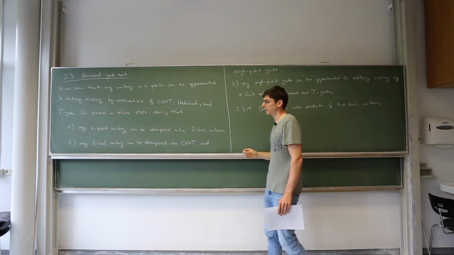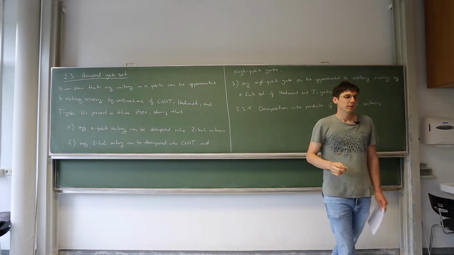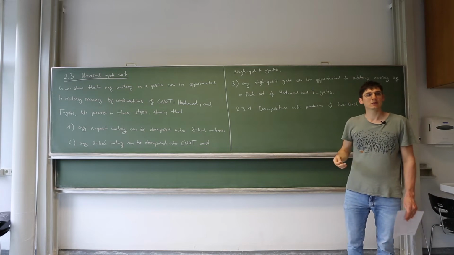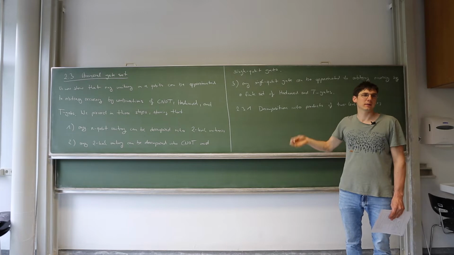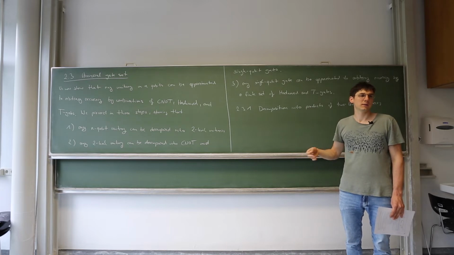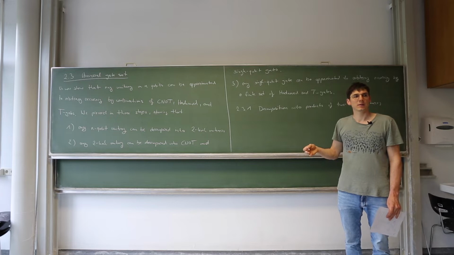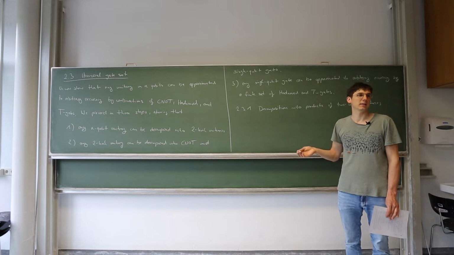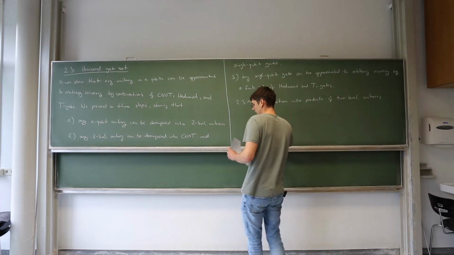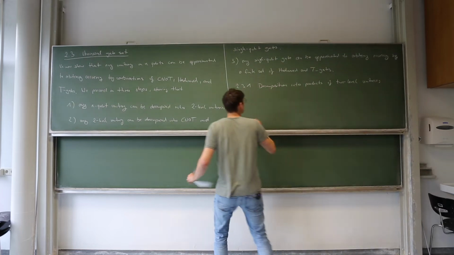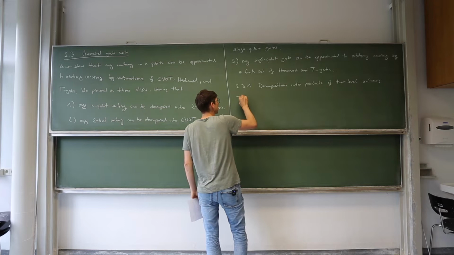Okay, and in order to see how this works, this decomposition, I'd like to go through a basic example. And with this example of a 3x3 unitary, we can then infer the procedure for an arbitrary d by d unitary. Okay, so let us see the essential idea.